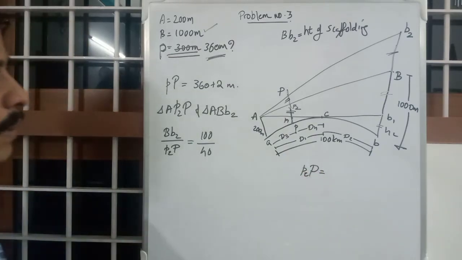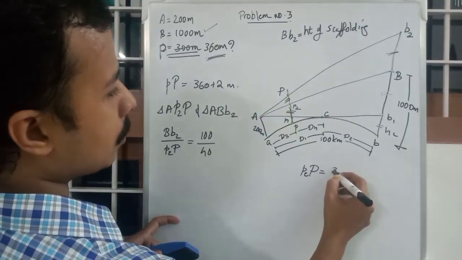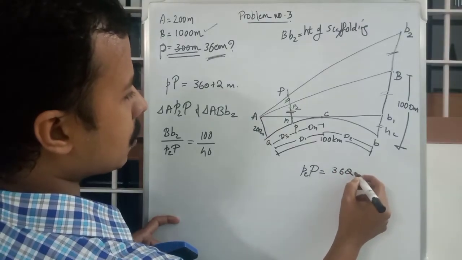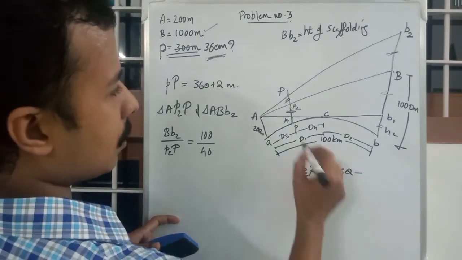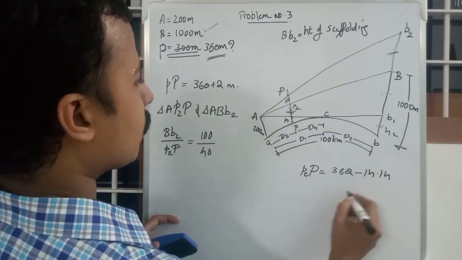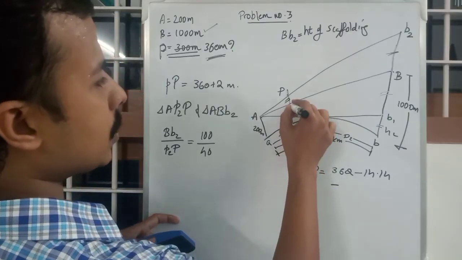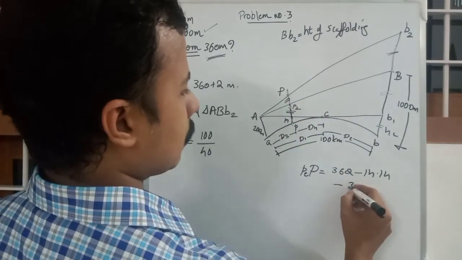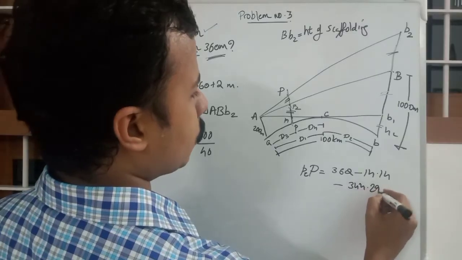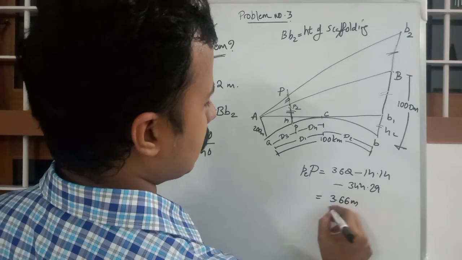Okay, so what is P2P? P2P is total P to P, 362 meters, minus P1, which is 14.14, minus P1P2, which is 344.29, and you will get 3.66 meters.